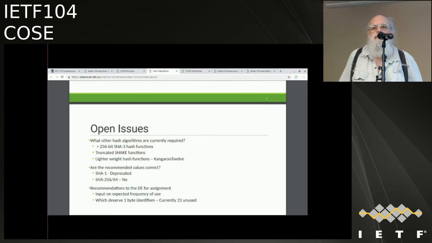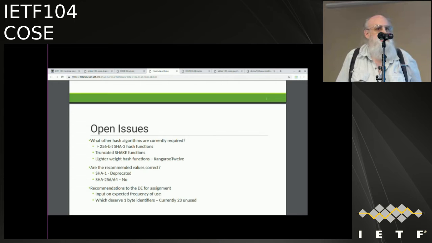John Mattsson: I think Kangaroo 12 is interesting and supported adoption in CFRG, but I think it's too early for COSE. I think that has to wait a year or more. So right now, the recommended value that I've got on the SHA-256/64 is no, because it doesn't really provide the collision resistance that you want.